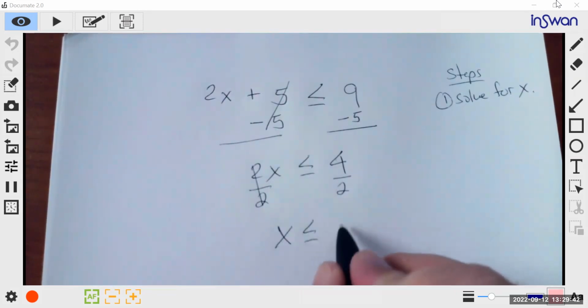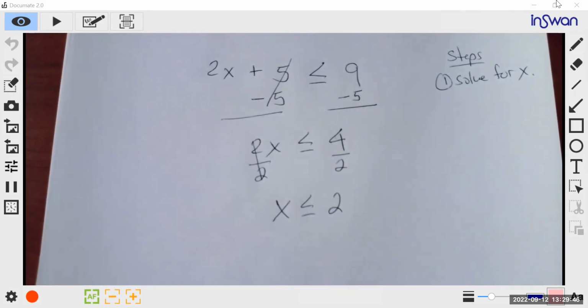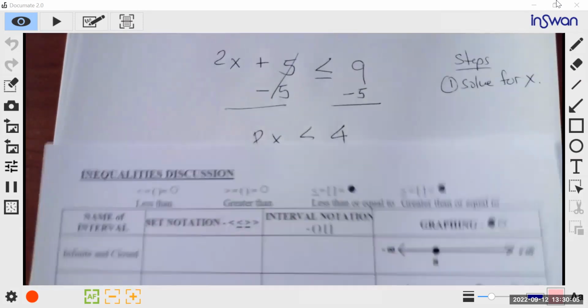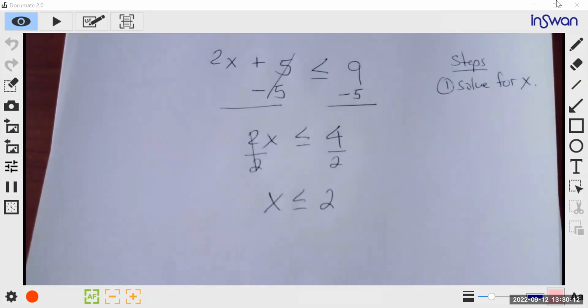X is less than or equal to 2. What notation is that? Don't look at the sheet I just gave you. It might give you a hint. What is it? Set notation. Set notation has to do with inequalities. Interval notation is brackets and parentheses. It's all in the sheet I gave you.